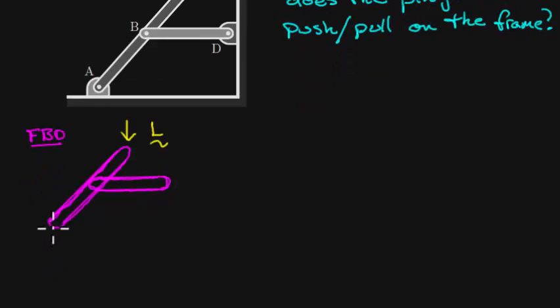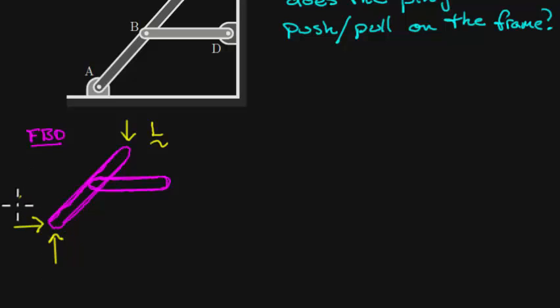At the pin joint here, this is what I'm after. There's some force pushing up on this thing, or maybe pushing down, or maybe pulling to the left or to the right. I'm not exactly sure yet. But there's some force over here doing something. Now to represent this force, I'm going to split it into its horizontal and vertical components. So rather than writing some general force like this, I'll write it as a force with two components.